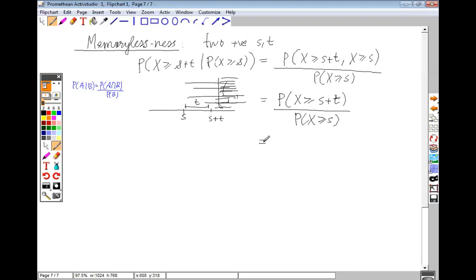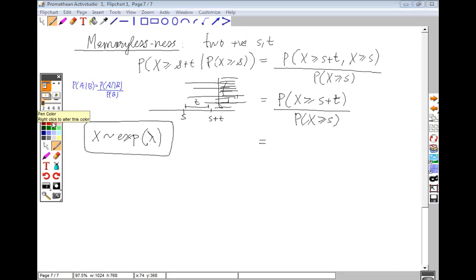So again, what can I do next? Let us assume that my X here follows exponential distribution with the parameter lambda. So what will happen? Now I have to figure out the probability that my x takes a value greater than or equal to s plus t. And we know the CDF.